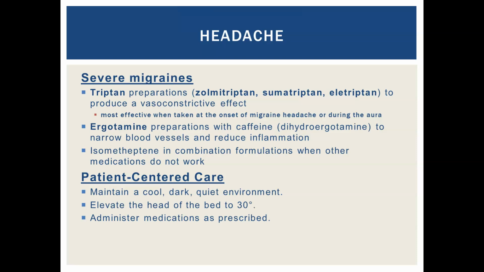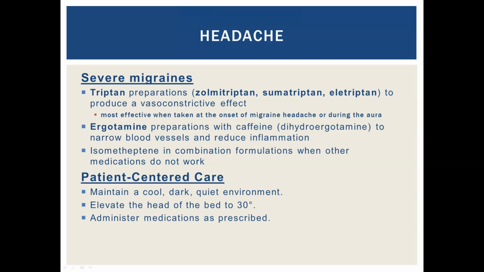Dihydroergotamine, right? So that's going to be one of those medications to help decrease inflammation that we would associate with that kind of vasoconstrictor effect. And then we have isometheptene. It's a combination medication. You can use that, but usually you only see that when these other medications aren't as effective.